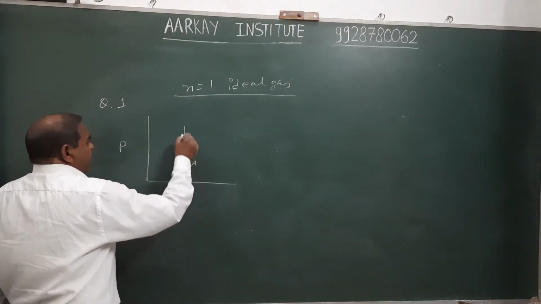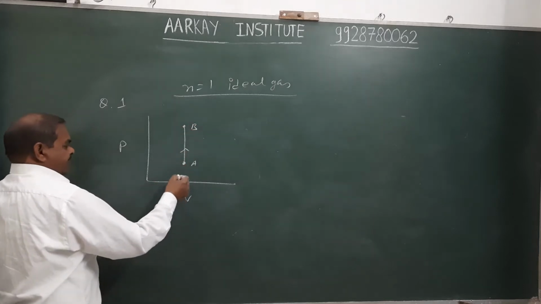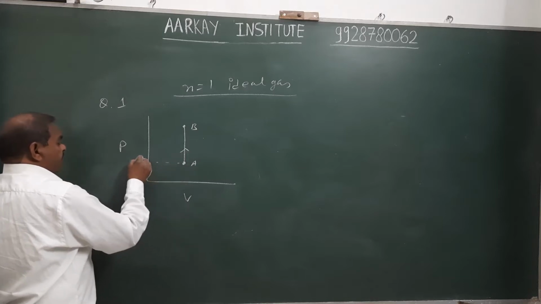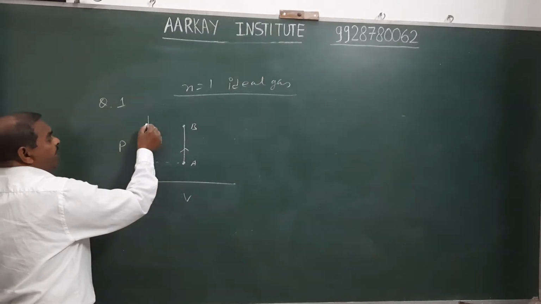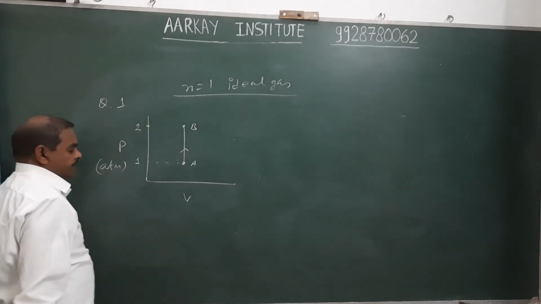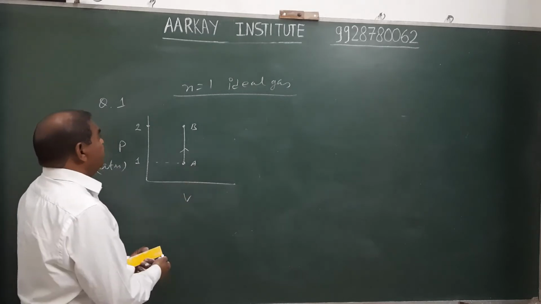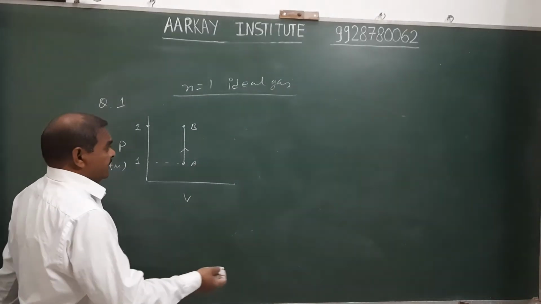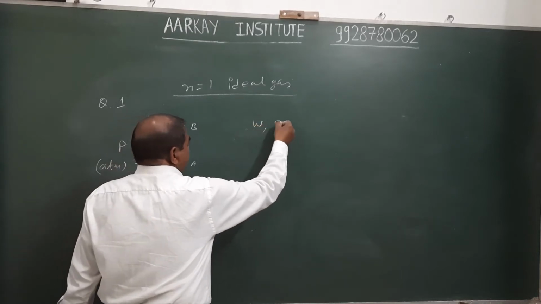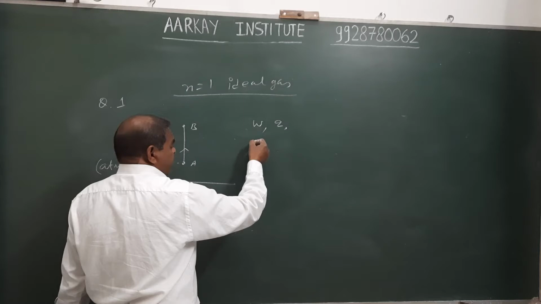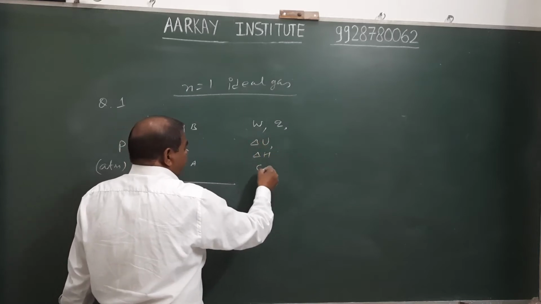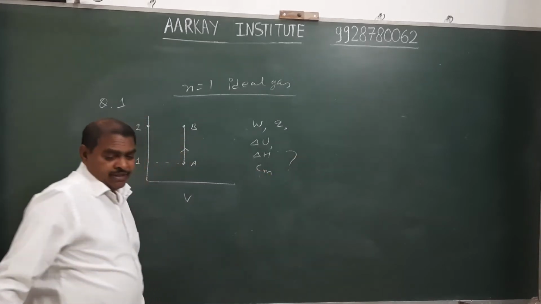Initial state is A and the final state is B. Their initial pressure is 1 atm and their final pressure is 2 atm, with the initial volume and final volume given, and the number of moles taken. Hence calculate work, exchange of heat energy, change in internal energy, change in enthalpy, as well as the molar heat capacity of the gas.